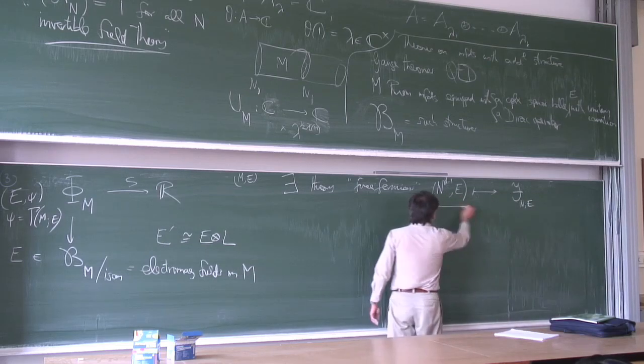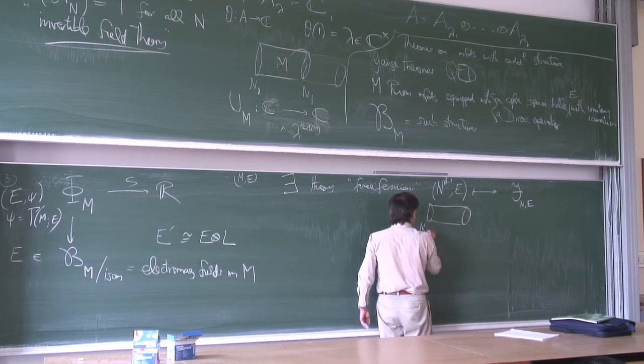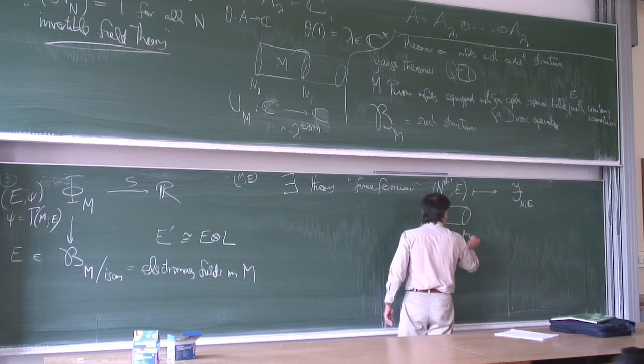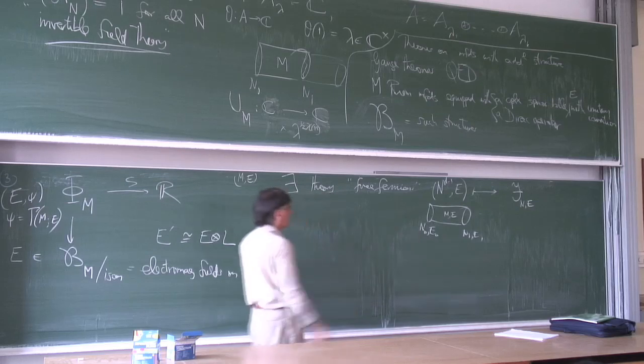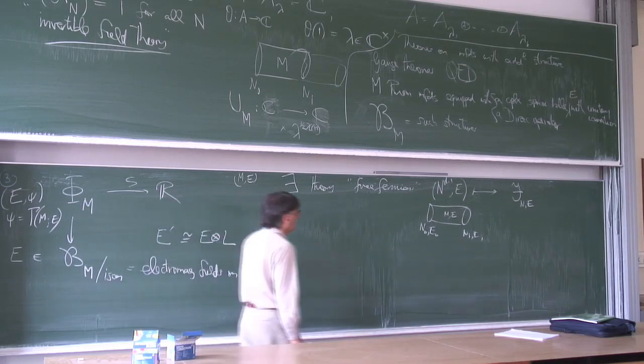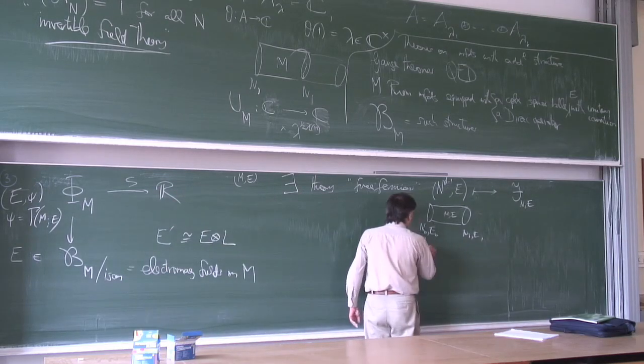And to a cobordism, where we have N or E or N1 E1, and some M with E on it, so it's a cobordism with bundles like this, to this it would assign an operator.